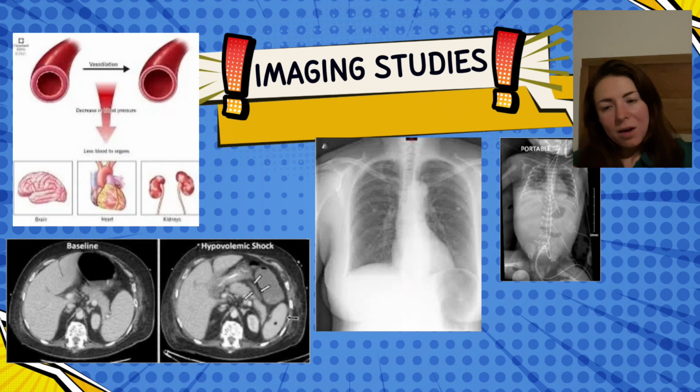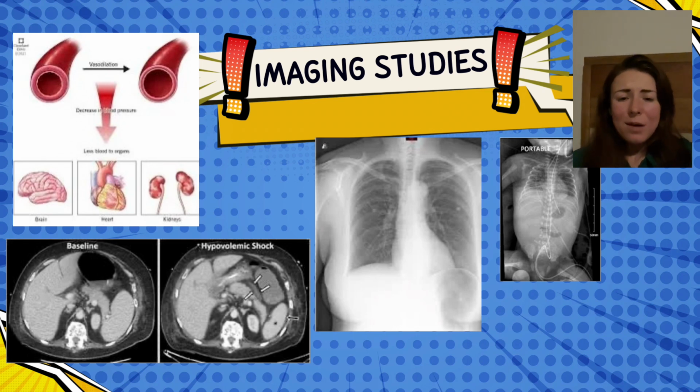From there, they may do an ultrasound or an echocardiogram to see where the blood has congregated. They could do an endoscopy or something along those lines to try to identify a GI bleed or something to that effect.